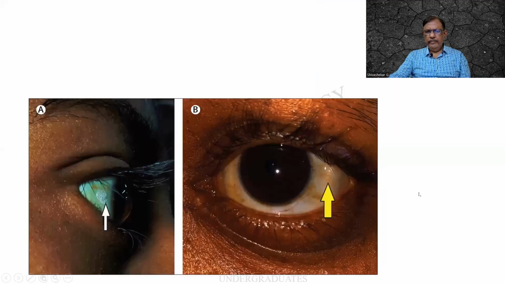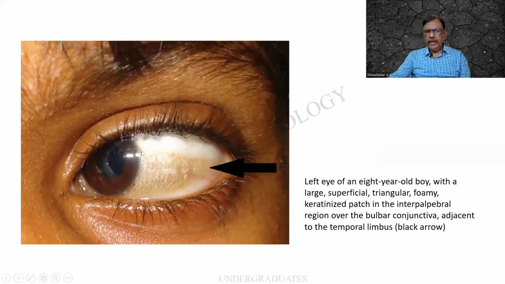Same thing over here, and also here. So it is superficial, large, triangular, foamy, and keratinized. It occurs in the region of the bulbar conjunctiva, and it is on the temporal side.